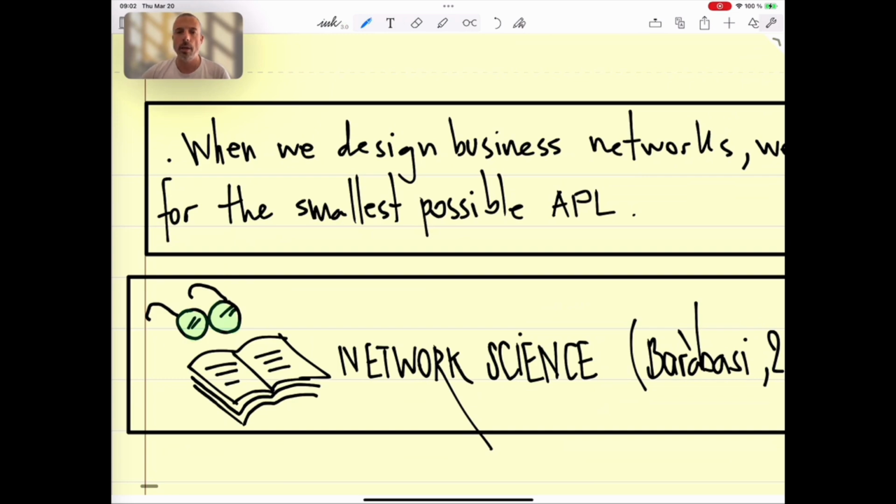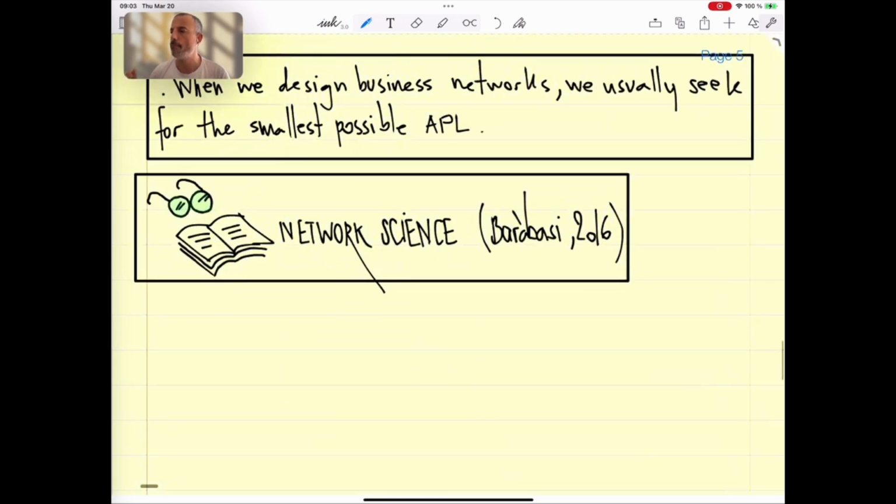All right. So the second KPI is called clustering coefficient, or CC.